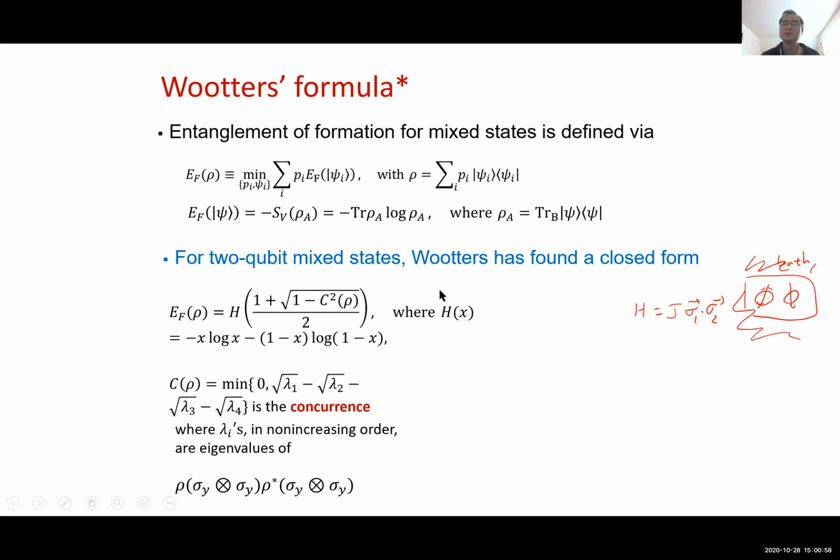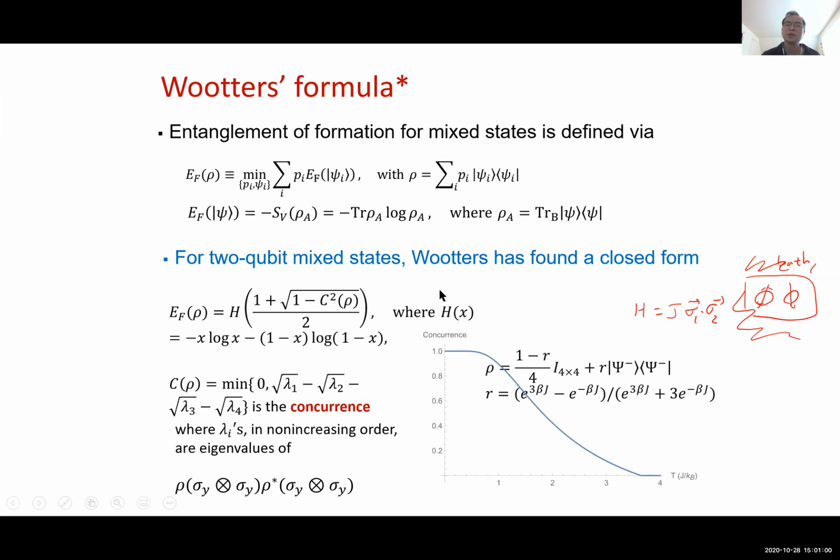Okay. And in terms of concurrence, it's similar. Of course, it has to be 0 when the entanglement of formation is 0. They are just one-to-one corresponding to each other. So any question on this? You don't need to remember Wootters formula. If you can plug into the mathematical formula to calculate, that's already good enough.